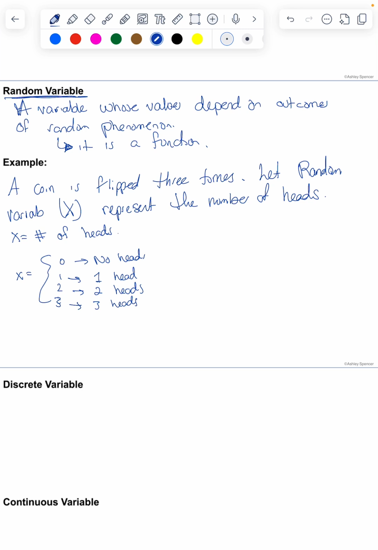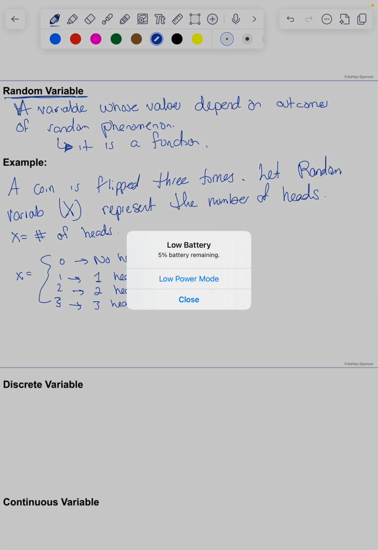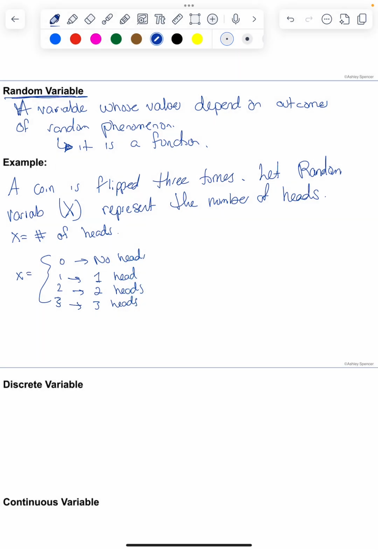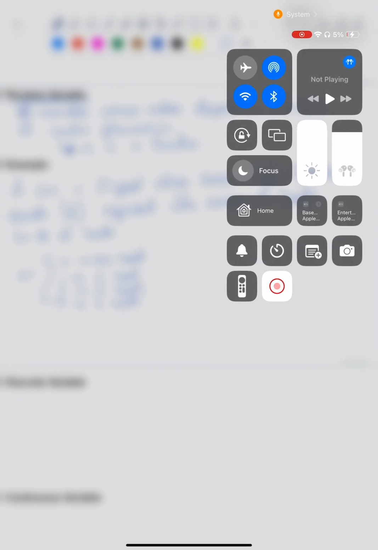All right. I didn't realize this thing was basically almost dead of charge, so let me just plug it in. And we are charging.